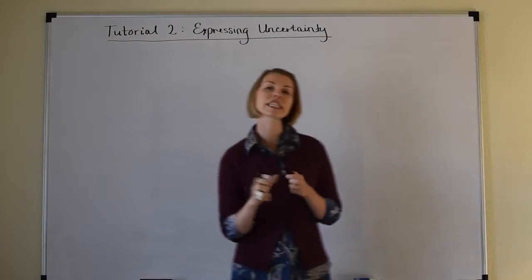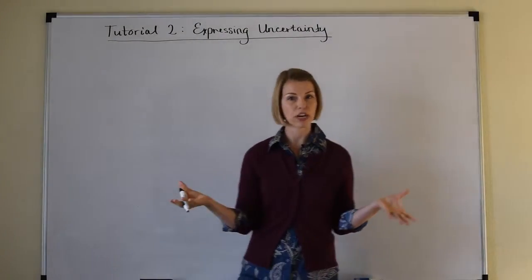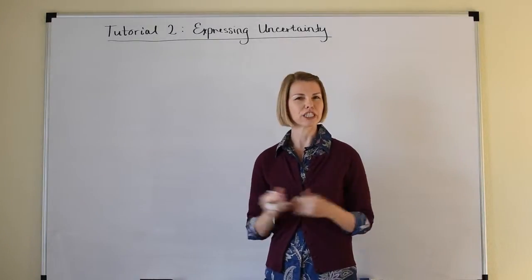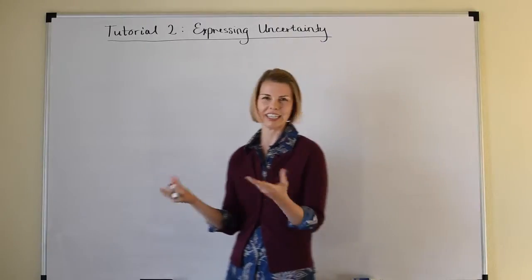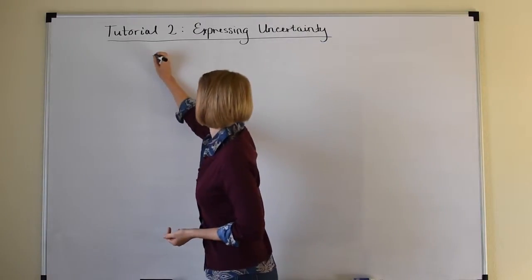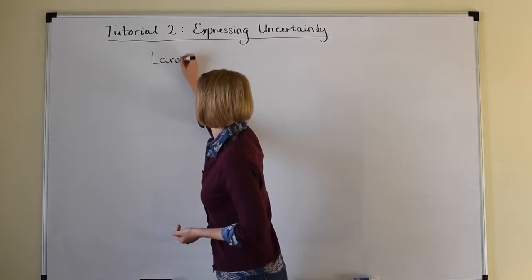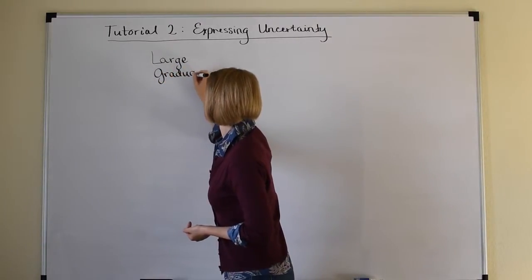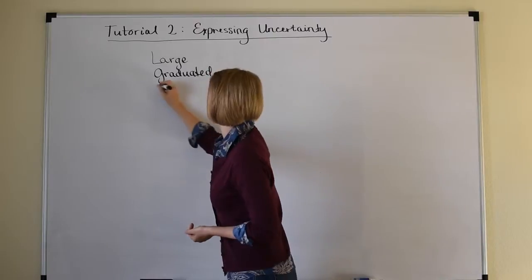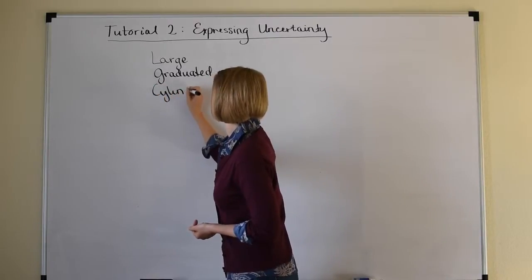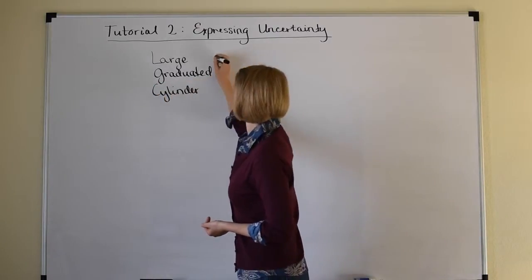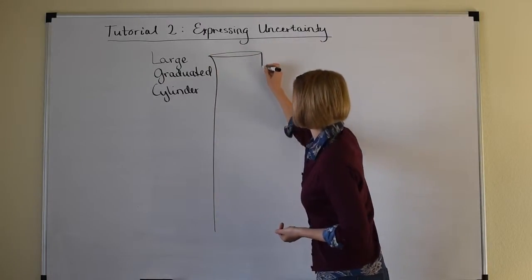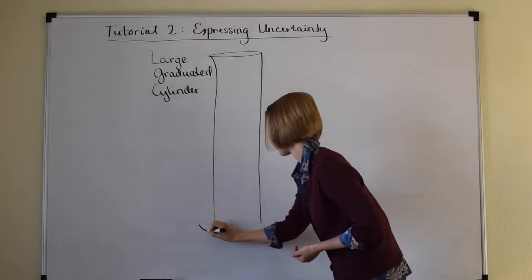Okay, so let's talk a little bit more about that and look at some examples. For our first example, let's consider a large graduated cylinder, maybe a 25 milliliter graduated cylinder. That's usually considered your large graduated cylinder in an introductory chemistry class. So I'll write large graduated cylinder. I'm going to draw a picture here to represent that large graduated cylinder.